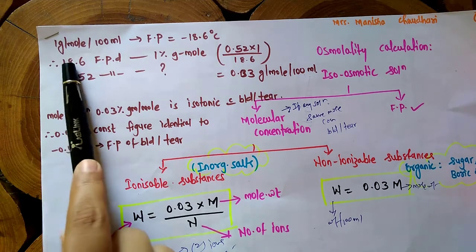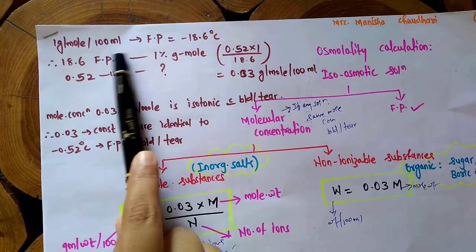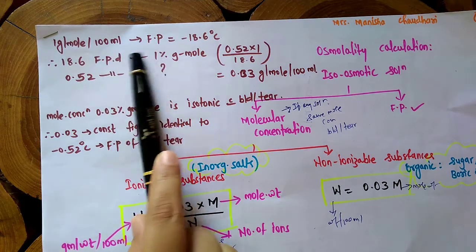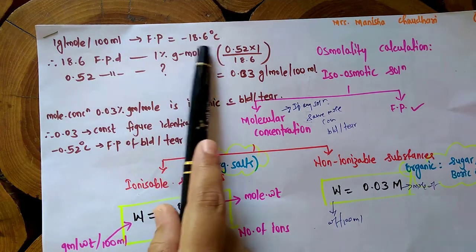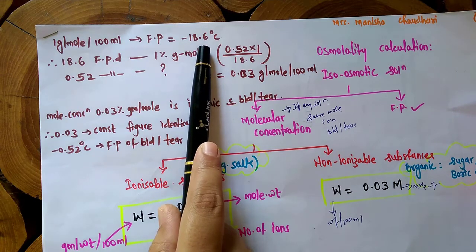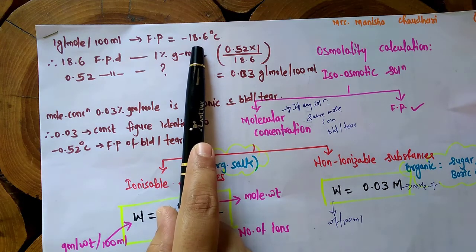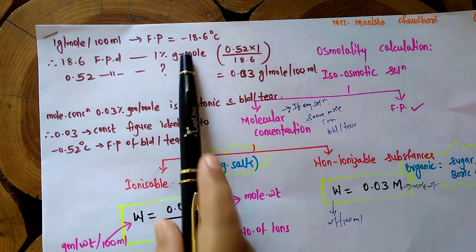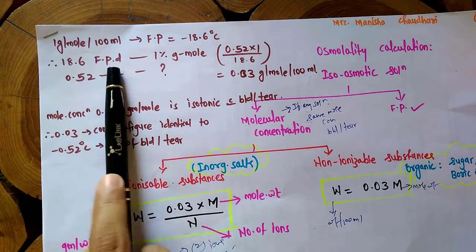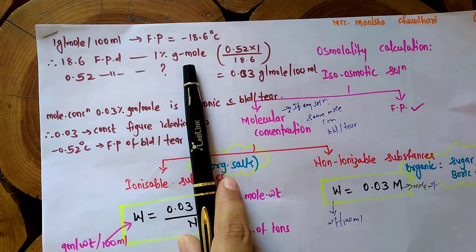If 1 gram mole of substance in 100 ml of solution has a freezing point of −18.6 degrees Celsius, then since solutions with the same depression of freezing point have the same gram mole concentration, this 18.6 freezing point depression is equivalent to 1 gram mole.